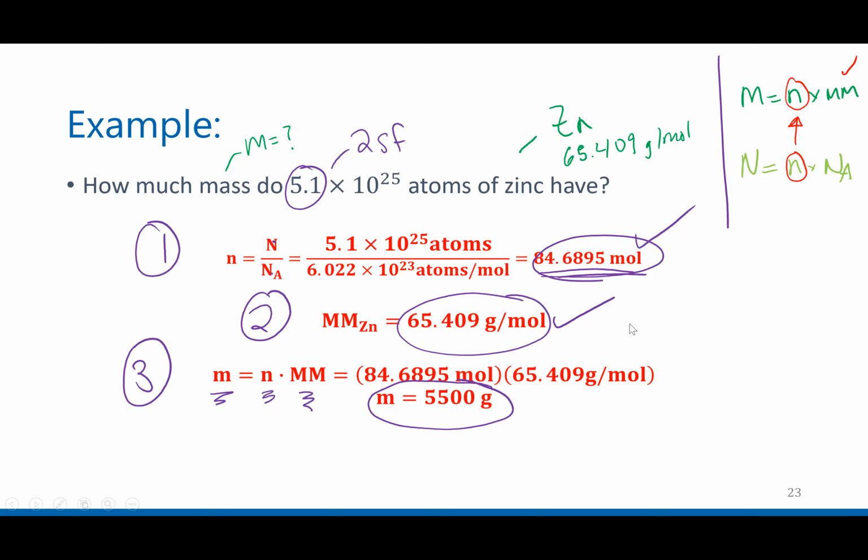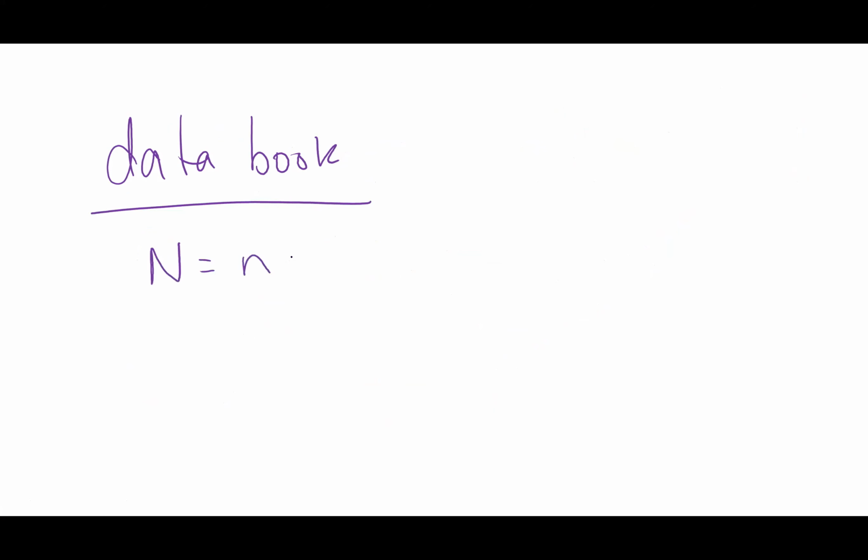One thing I want to mention before I leave you guys is I just want to open a white screen for you. Your data book gives you two formulas. It gives you this formula, and it gives you this formula.